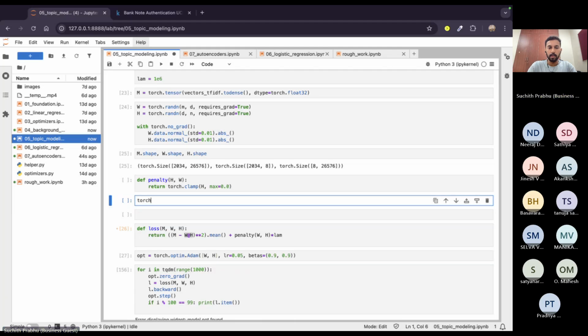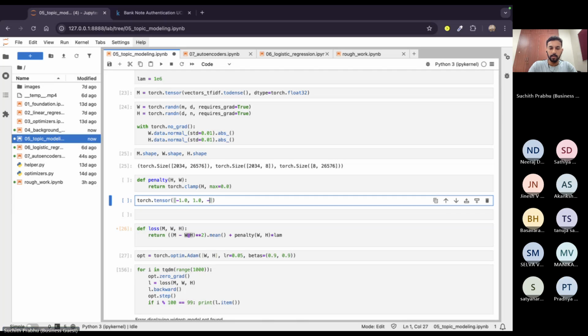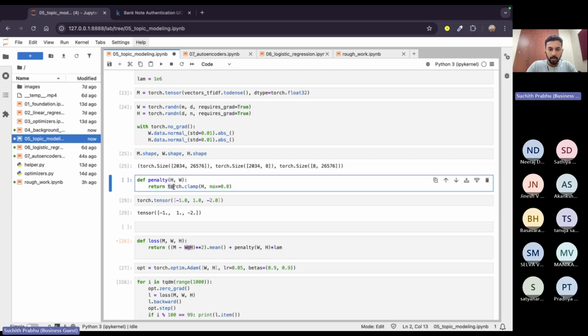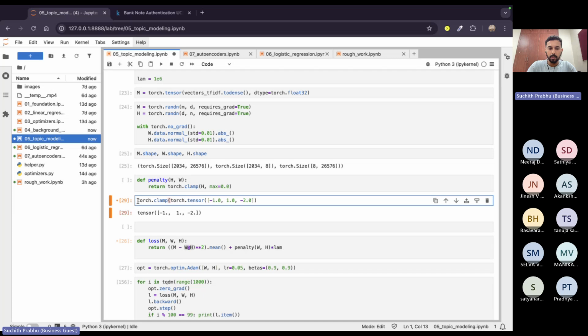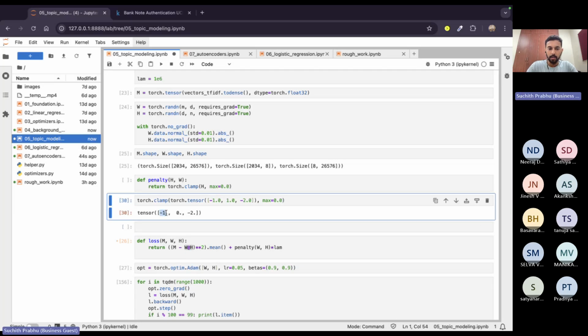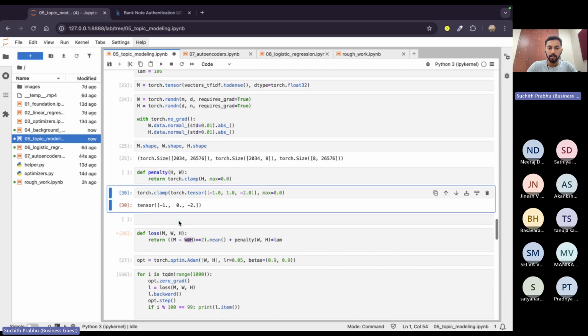Suppose I define a tensor with -1. So this, with clamp with maximum, will return all the non-positive entries which are present.